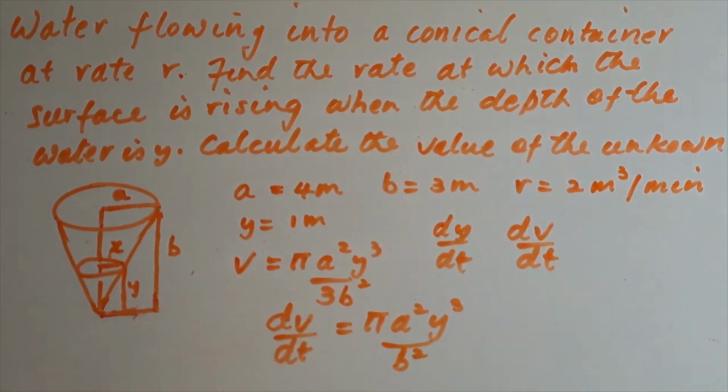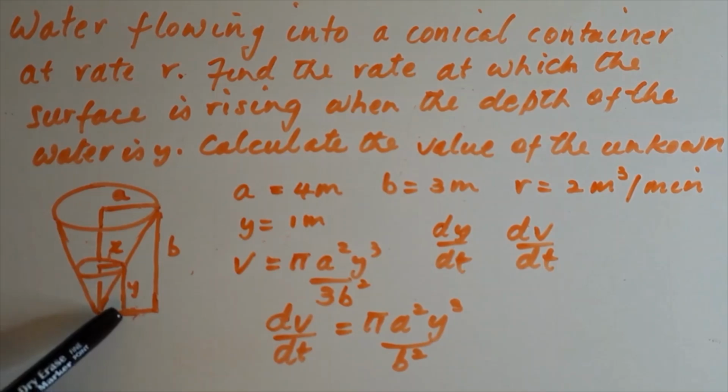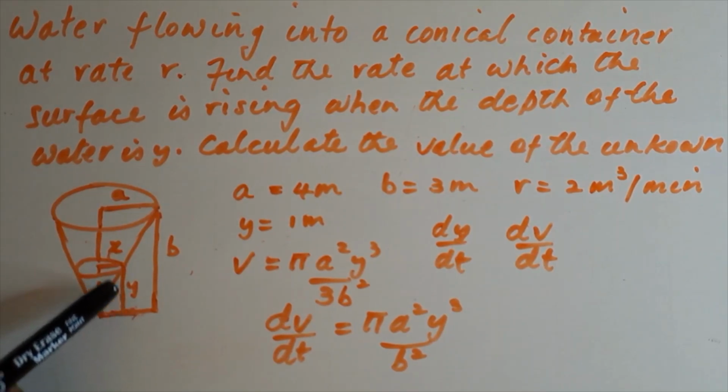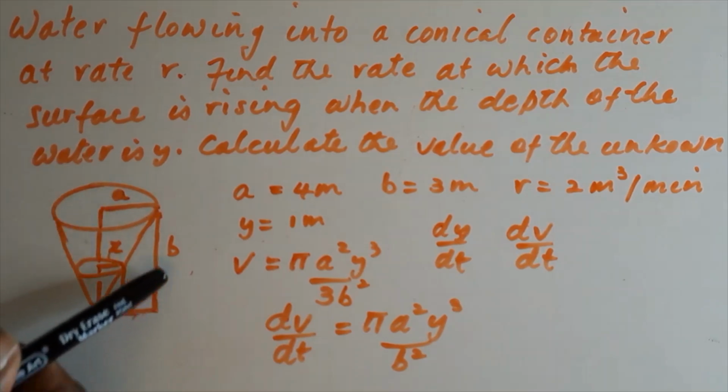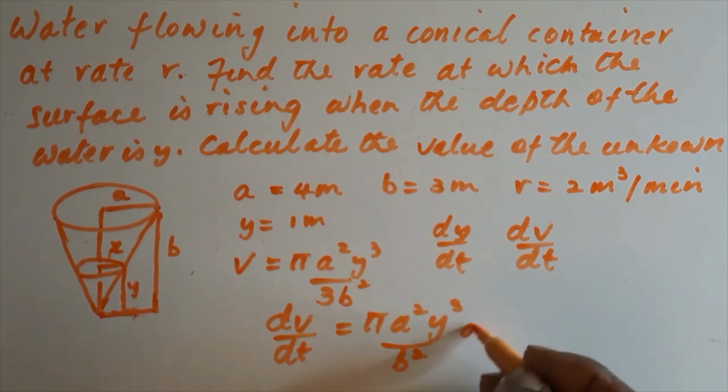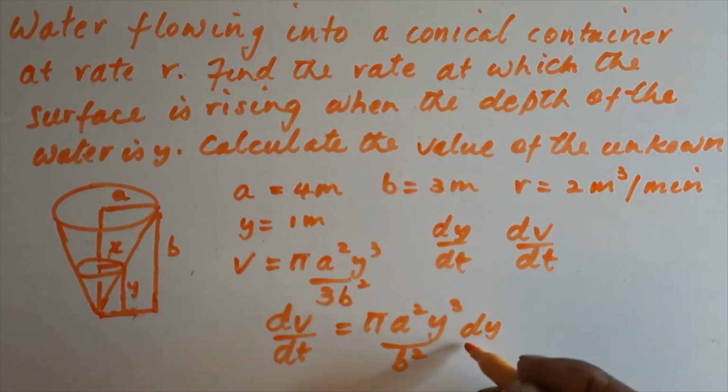And remember, as the volume changes, the rate of change of y will change. This height y is changing as the volume in the container changes. So we're also multiplying this by dy/dt.